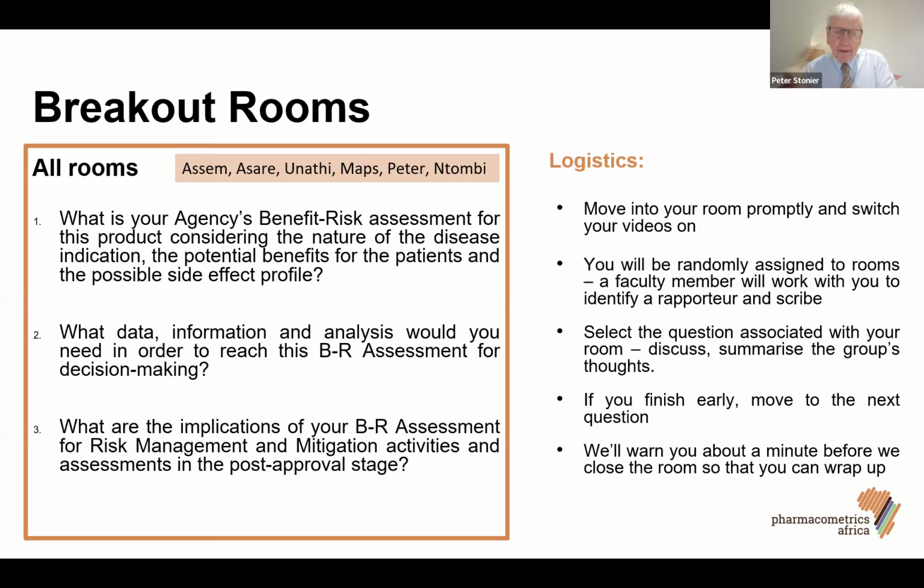And I think that's a very useful way of doing it without going into too many assessments and mathematics. But the next questions relate to what data you are looking for in order to reach a benefit risk assessment. And it may take longer than we've got to answer that question. Most probably.